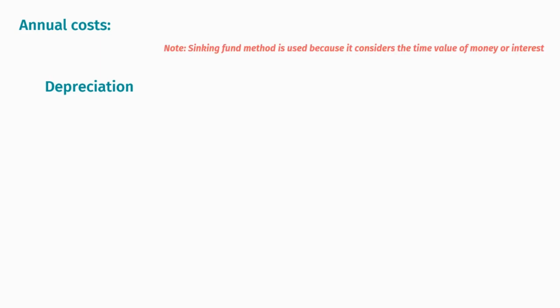So, now we will compute for the annual costs. So, first is yung depreciation. We learn a lot of methods to compute for the depreciation. Merong straight line method, sinking fund method, declining balance method, double declining balance method, or SYD, etc. But for this problem, we will be using the sinking fund method because it considers the time value of money or the interest.